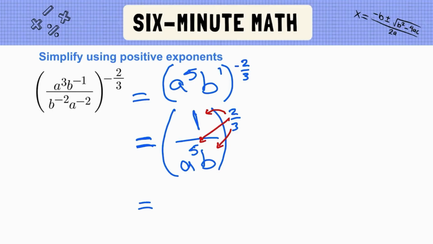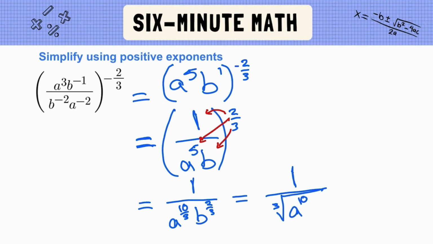This is going to give me 1 over a to the 10/3 and b to the 2/3. I'm going to do a final simplification of that one, of saying it's 1 over the cube root of a to the 10b squared.